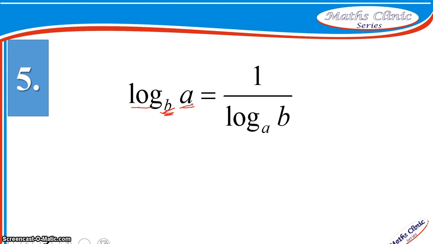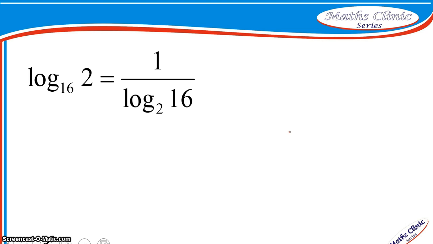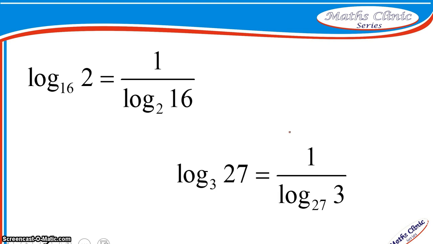If I write this as change of base to base a, then I could say log base a of a over log base a of b. Log base a of a is 1, and then log base a of b remains as such. So that statement is true. So if I have log base 16 of 2, it will be the same as 1 over log base 2 of 16.